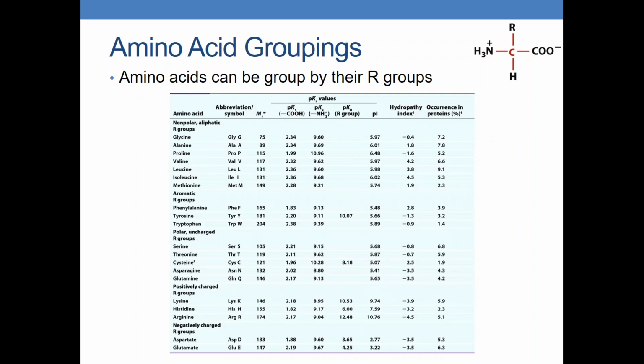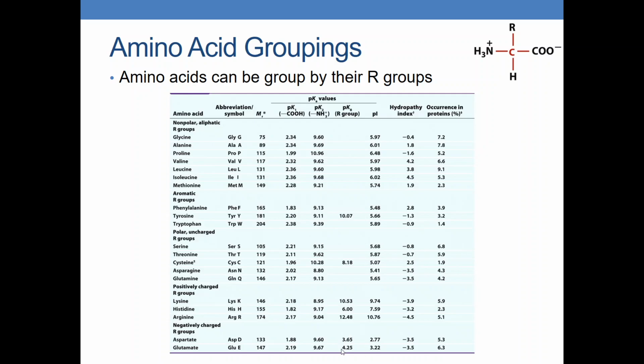Biological pH is pH roughly 7.4. You'll see cysteine has a pKa of about 8, so most of the time it's going to be protonated too. Then you get to lysine, arginine. These have very high pKa's. Histidine, on the other hand, has a pKa of 6. So you'll see going forward that histidine can do acid-base chemistry at biological pH very effectively, and it is because of this pKa.